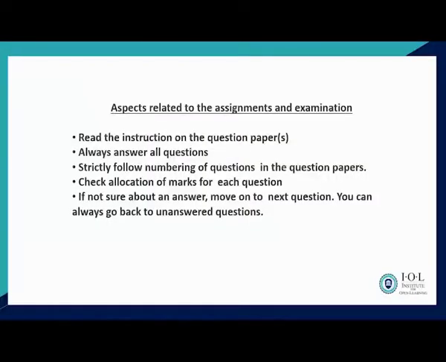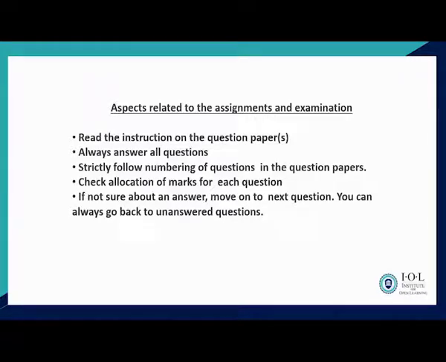I want to stand still a moment here on this specific slide. Number one, read the instructions on the question papers. It's important that you read the instructions correctly so that you can answer the questions in each section correctly. And then number four, check the allocation of marks for each question.